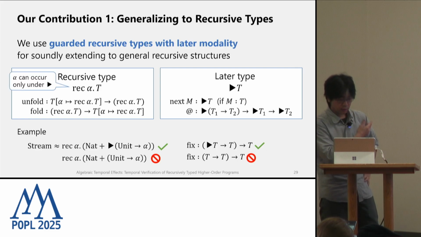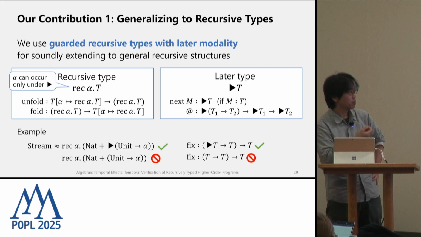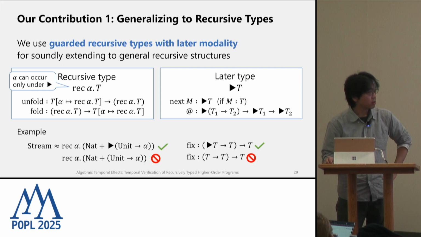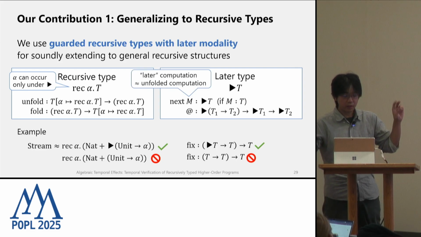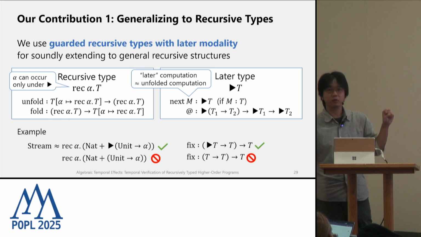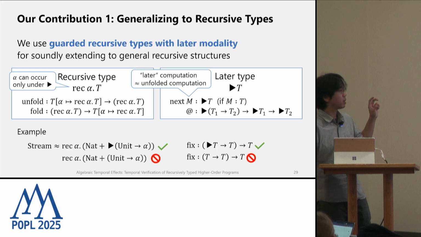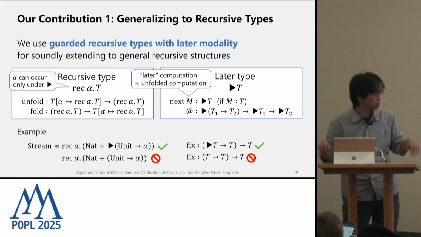And furthermore, by supporting guarded recursive types, the type variables bound by the recursive types are guarded, which means that a type variable alpha can appear only under the later type constructor. Under these assumptions, the later type and the later computation mean an unfolded computation, in the terminology of recursive types.